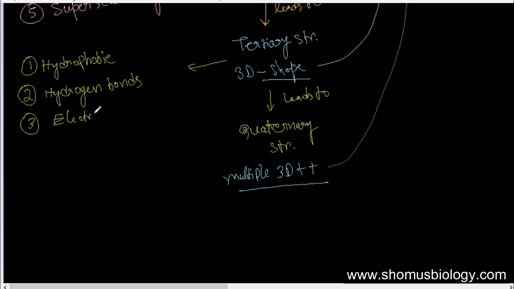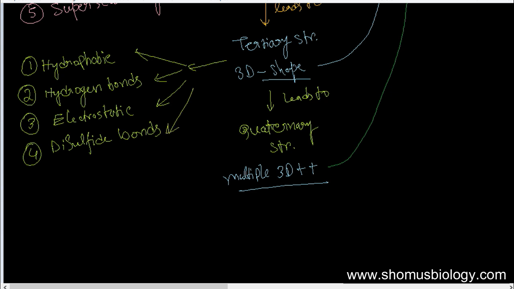Electrostatic interaction is another one, and disulfide bonds, another. These tertiary structures are stabilized by all these interactions. They cause stabilization of the tertiary structure or 3D structure.